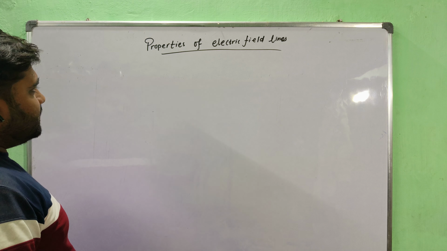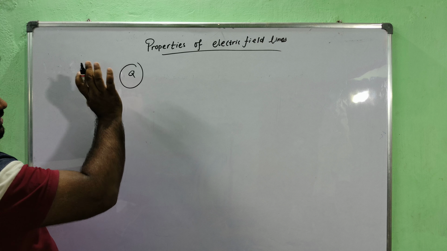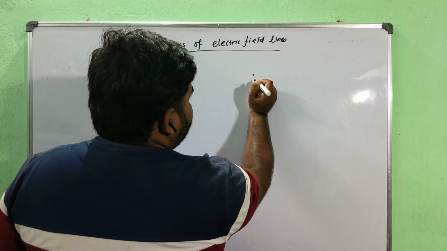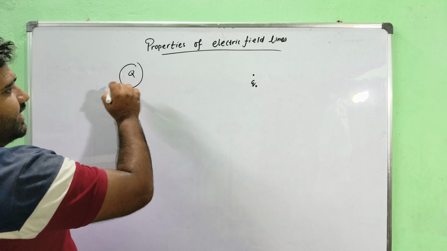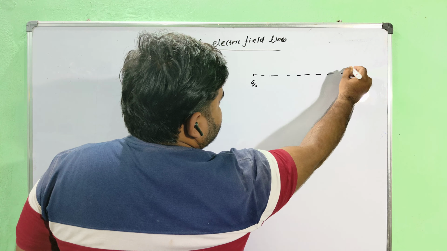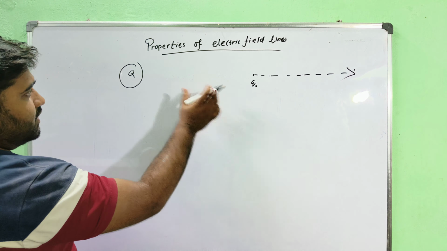So if it is a charge q, a bigger charge and a positive charge, and we introduce a unit positive test charge here, then it is going to follow a path like this, away from it.